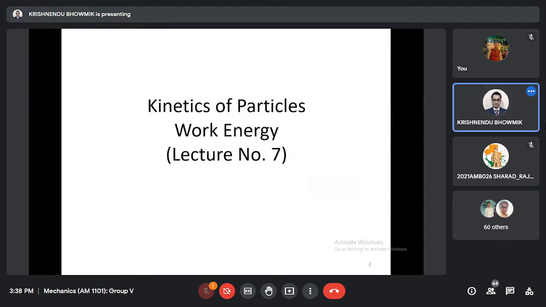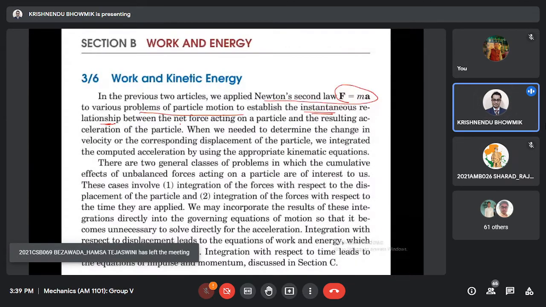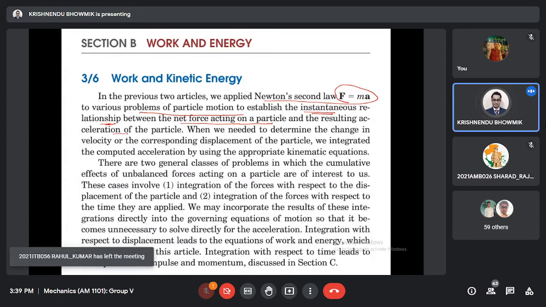So we are going to start new chapters, that is work and energy, under kinetics of particle. We have discussed before Newton's second law, F equal to ma, for different types of problems, and we have shown the instantaneous relationship between net force acting on a particle and the resulting accelerations.